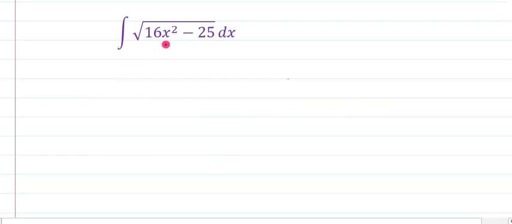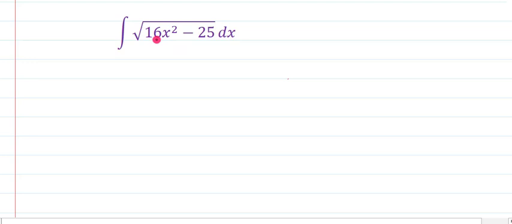In this problem, the coefficient of x square is 16, and as I have told you in the case of 7 standard results, the coefficient of x square must always be 1. The same condition also applies here.